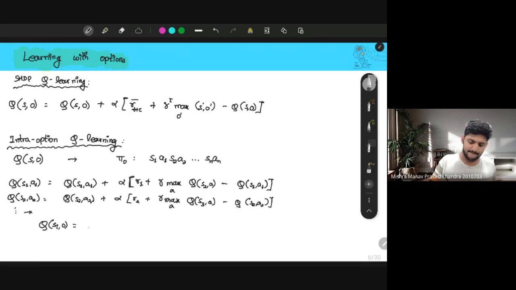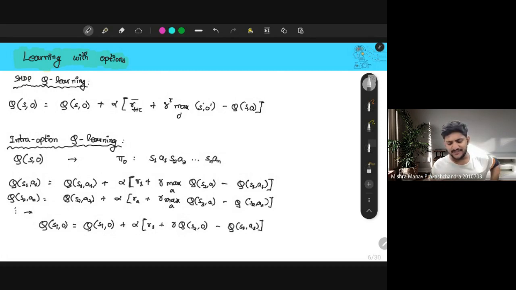So the way it works is I take state Si comma O plus alpha times R1 plus gamma Q of S i plus 1 comma O minus Q of S i comma O. Now if you notice, there is no max term when it comes to an option. Okay, here also I made a mistake, I think. There shouldn't be a max term.